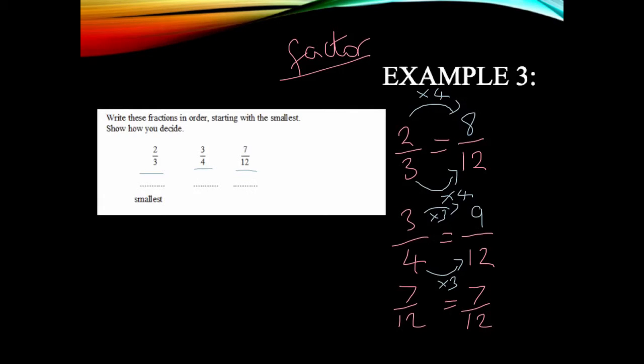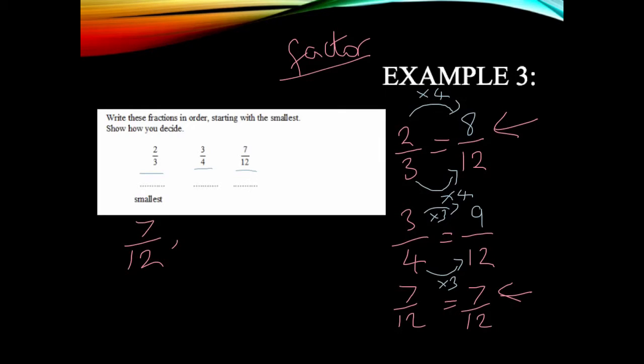So if I was putting these smallest to largest, the smallest value is the 7, this one here. So 7/12 is the smallest. The next one is the one that was equivalent to 8/12. Now the question set out quite clearly, there was only one of these was in terms of 12. The next one was 2/3. So 8/12 is the same as 2/3.